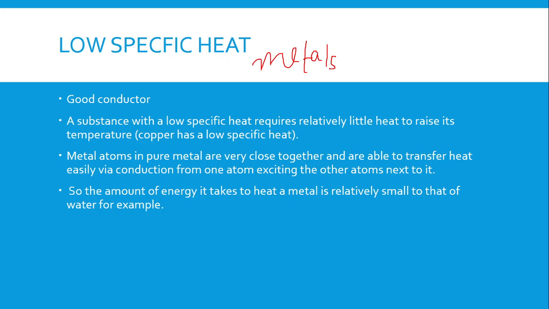This also tells how liquids have higher specific heat capacity than solids, because the molecules of liquids are further apart and hence the transfer of energy or the vibration takes longer than it does in metals or other solids. So the amount of energy it takes to heat a metal is relatively smaller than that of water, for example.